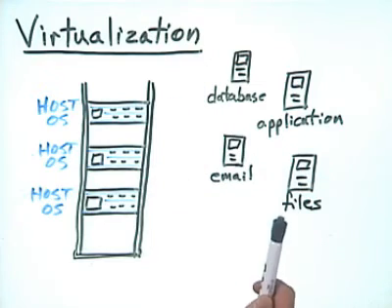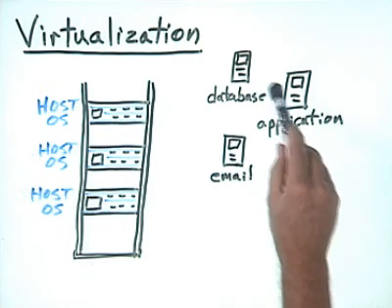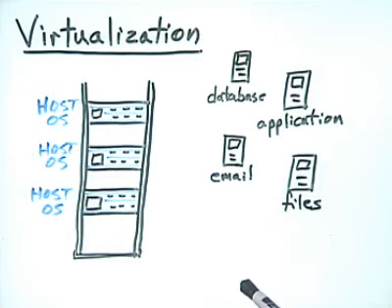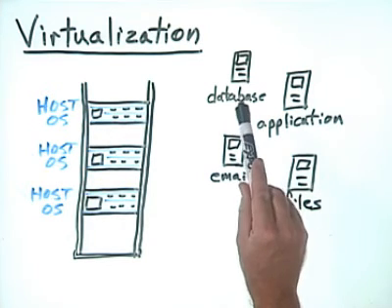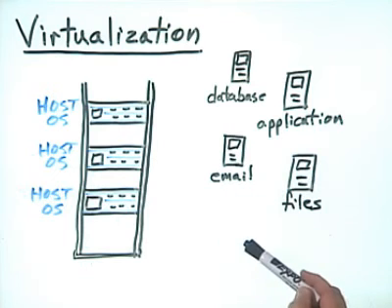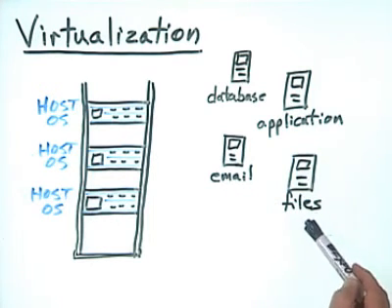Let's discuss virtualization technology. Virtualization allows one computer, typically a high-end server, to perform multiple roles as if it were multiple servers. Envision a data center in which we have 4 servers, 4 physical platforms, each running an application. Maybe a database server, an application server, an email server, and a file server.